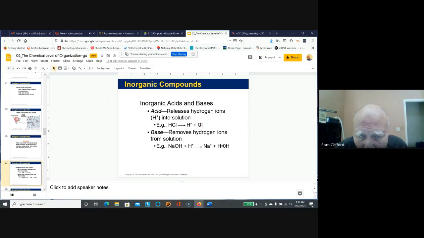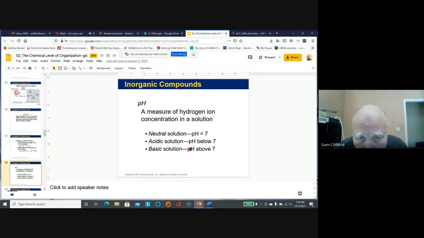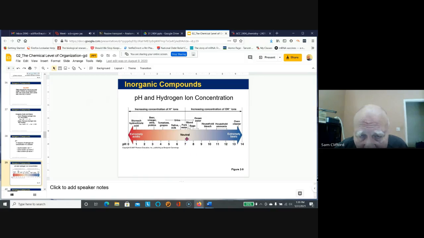Hydrochloric acid is a strong acid. Acids release hydrogen ions. Sodium hydroxide is a strong base. We mentioned this already. So extremely acidic, extremely basic. Your blood is around 7.35 to 7.45.